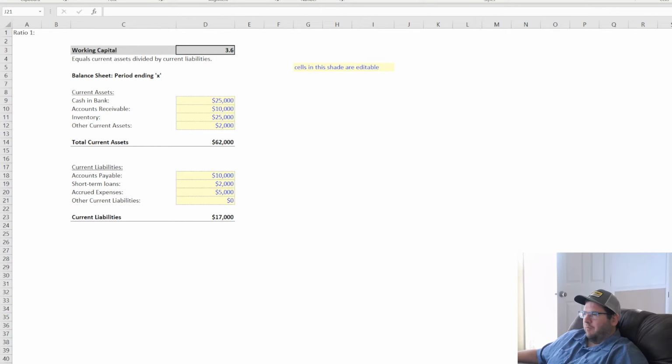Helps maintain smooth operations. All right, let's move on because that's good for that ratio. I'm going to copy this so I don't have to redo the formatting.